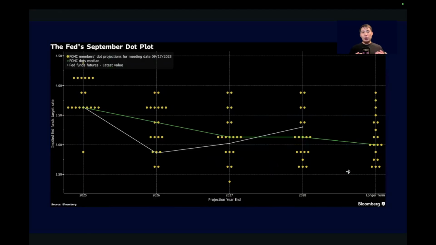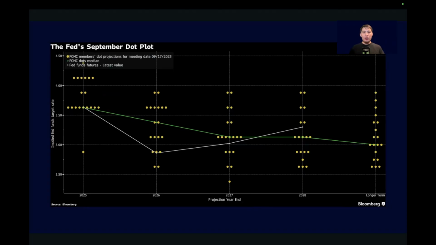And if you look at what the market is pricing versus the dot plot, the dot plot actually followed what the market had priced in advance: 3 cuts in 2025, which implies 25 basis point cuts in each of the September, November, and December meetings. So the next 2 meetings will also see cuts. For 2026, the FOMC projects only 1 cut, as well as another cut in 2027.